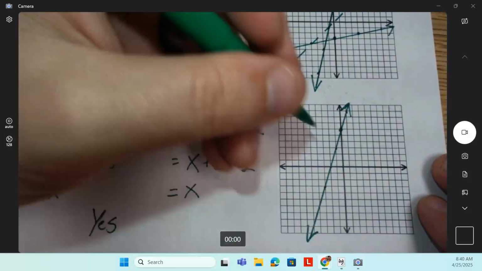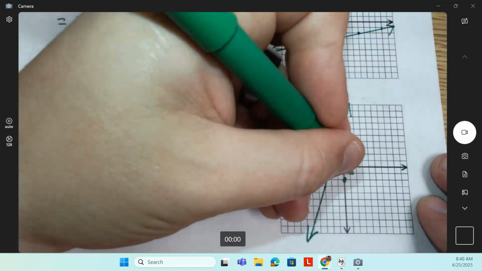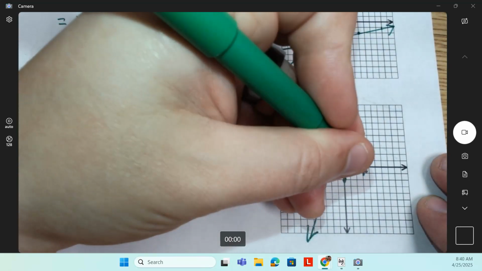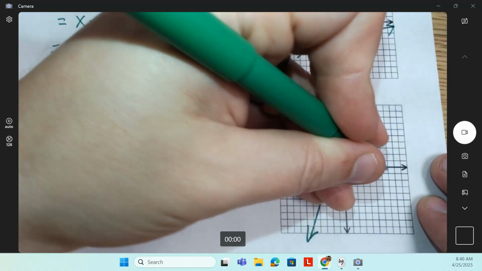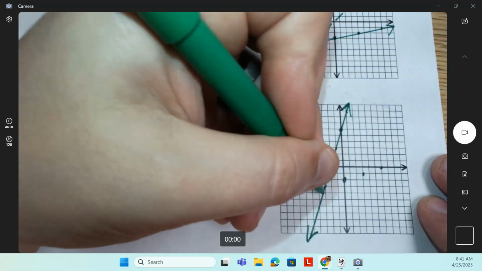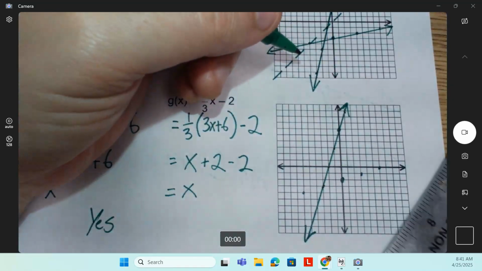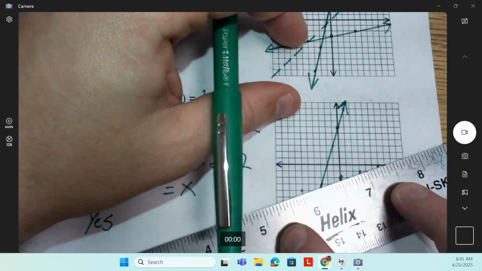And then I've got a -2, a slope of 1/3. Draw my line again.